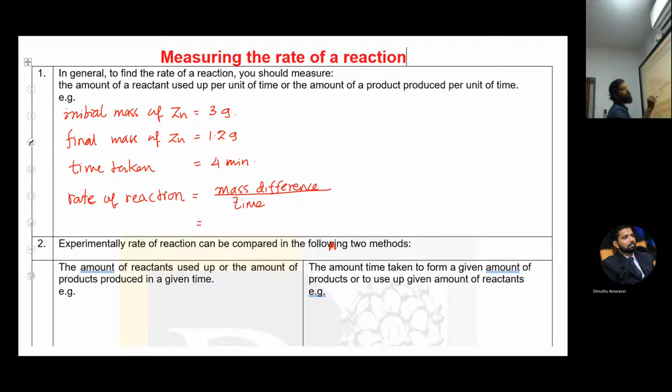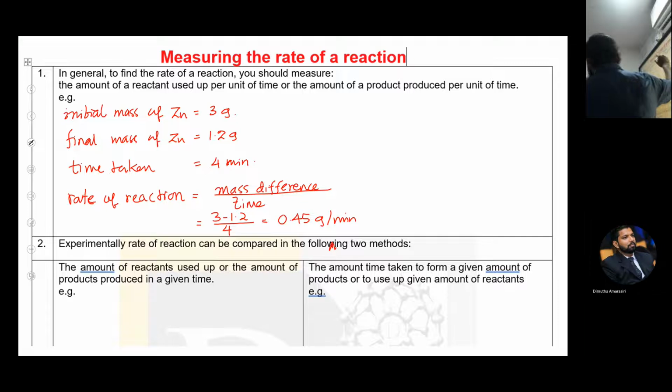So this is 3 minus 1.2 divided by 4 minutes. This is 1.8 divided by 4, that is 0.45 grams per minute. You can calculate it. This is one way you can do it.